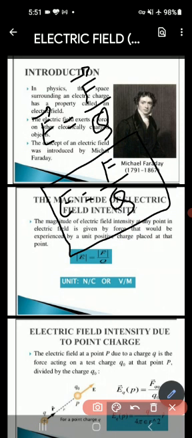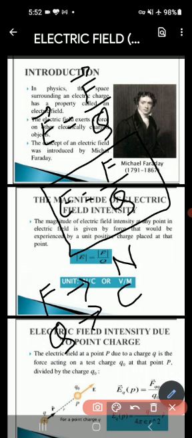Now, the SI unit of electric field intensity. As we know, the SI unit of force is Newton and the SI unit of charge is Coulomb.